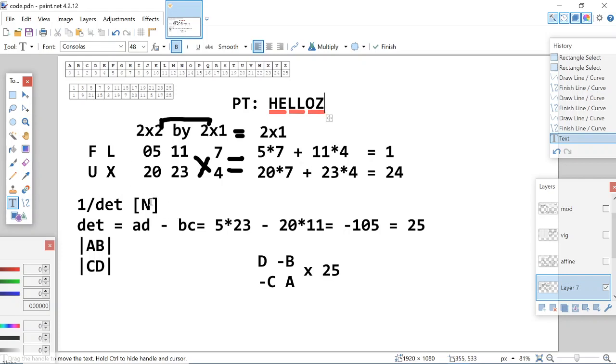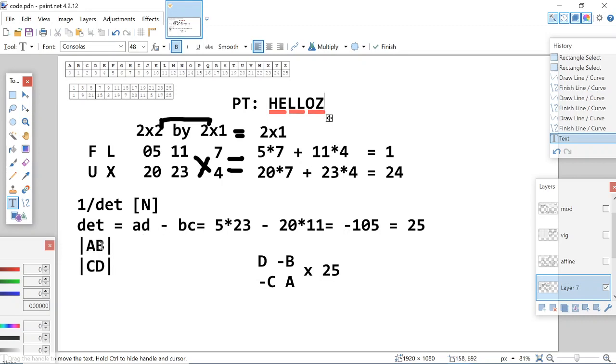It's not exactly matrix N, but it's basically a changed version of matrix N, which we'll show you in a second, times 1 over the determinant. But of course, because we're in modular math, you can't divide. So instead, you multiply by the inverse of the determinant. And for a 2 by 2 matrix, the determinant is equal to AD minus BC.